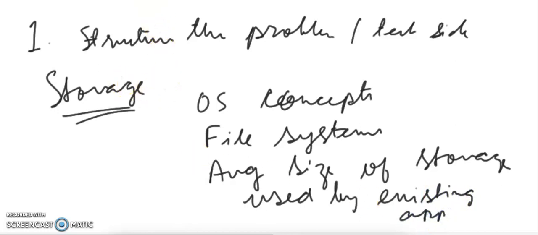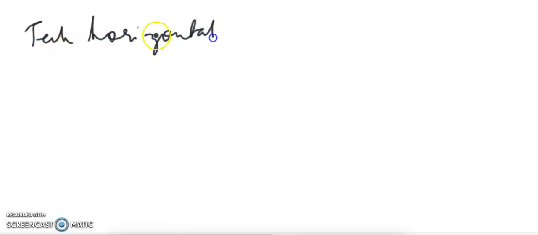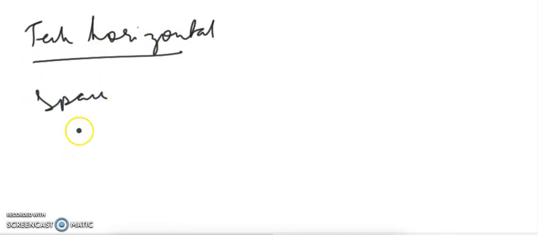In short, what I'm trying to say is that you should go tech horizontal, to understand the entire space. When I say OS, when I say other file systems, how is the file system in Windows, how does Windows manage its storage and all that.